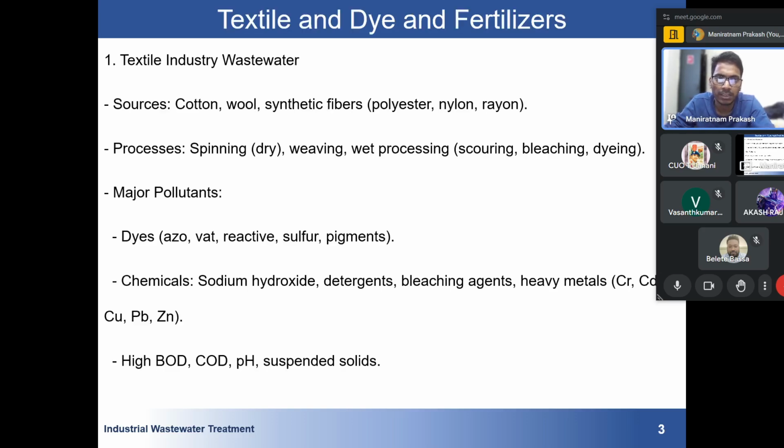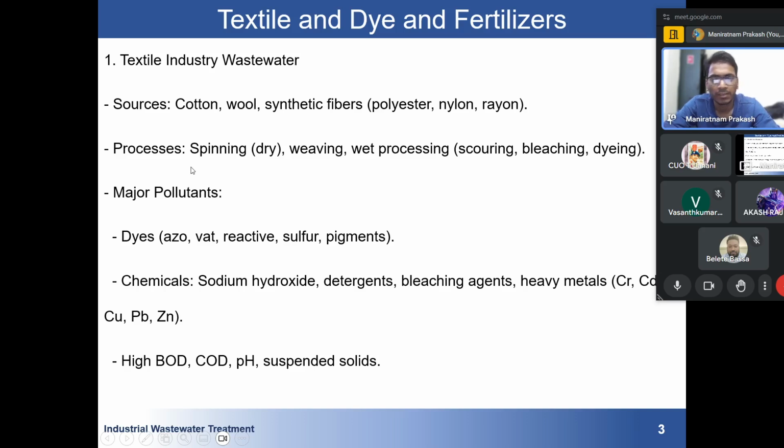So in this topic, we were dealing with textile, dye, and fertilizer. In the textile industry, textiles can be of many things. The major ones are cotton, wool, and synthetic fibers like polyester, nylon, and rayon. A brief introduction to this industry has been given, and the name itself suggests that the industry deals with cotton, wool, and all these things.